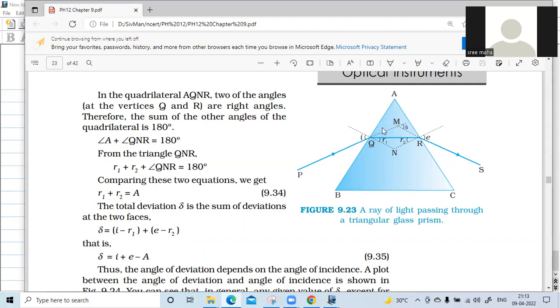The other angles B and C do not affect this. This angle is 90 minus R1 and this angle is 90 minus R2, so you will get R1 plus R2 equal to the angle of the prism.